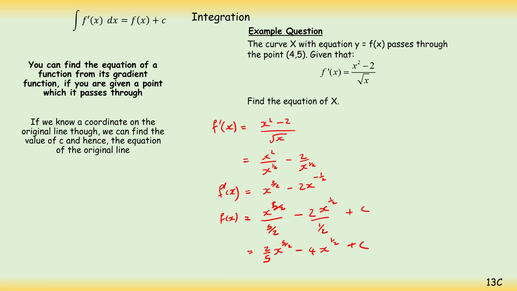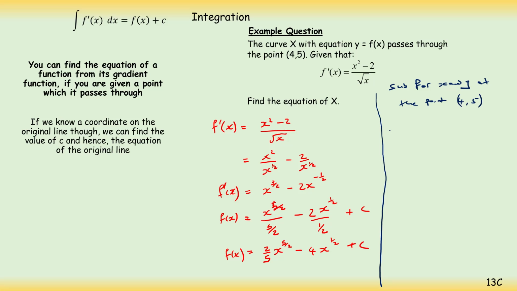So now we've got to find out what c is, given the point (4, 5). So as before, I'll just change color. We're going to substitute for x and y at the point (4, 5).